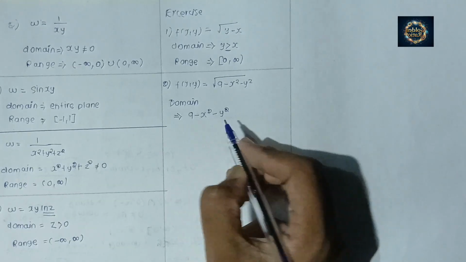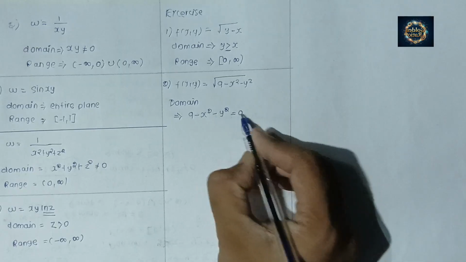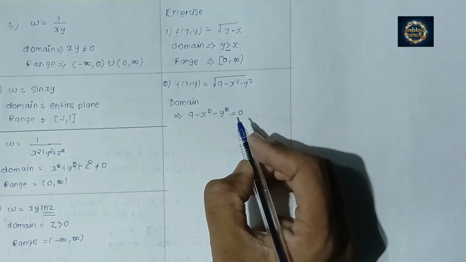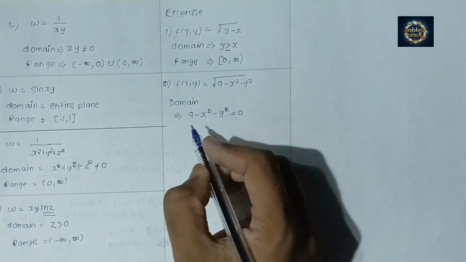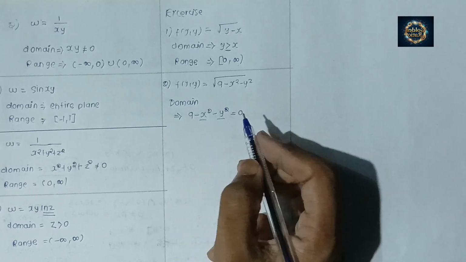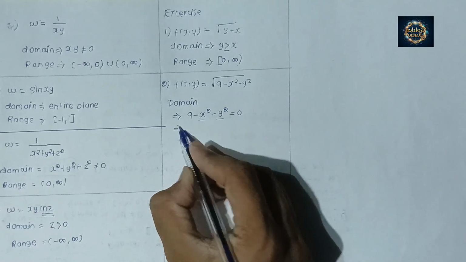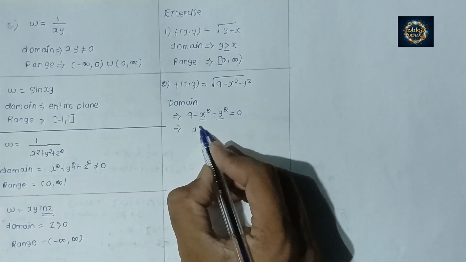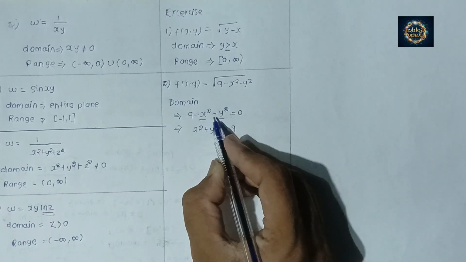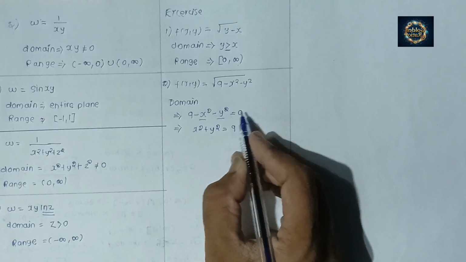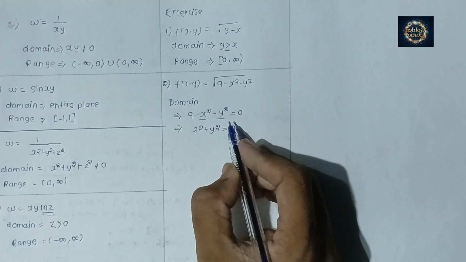So we substitute this to 0 first. I will take the terms to that side, so x square plus y square is equal to 9, and shifting this term to that side it becomes positive.